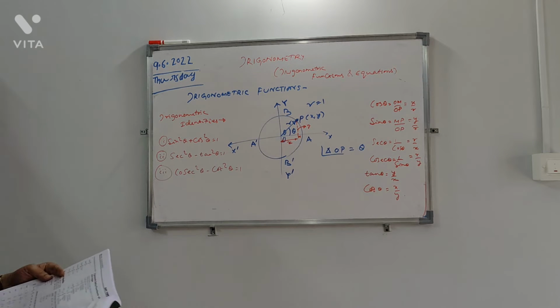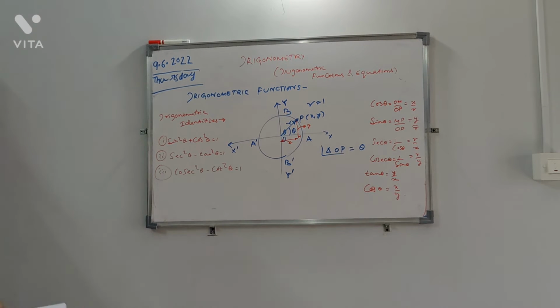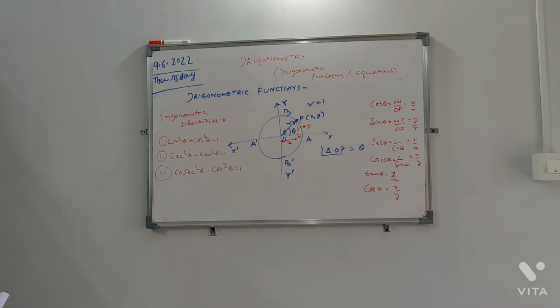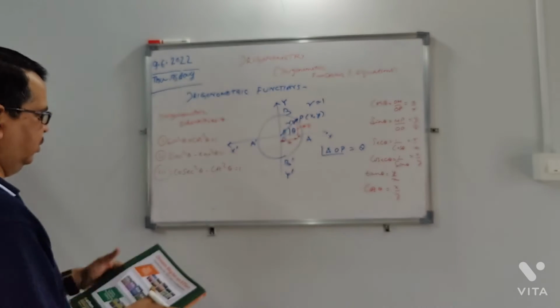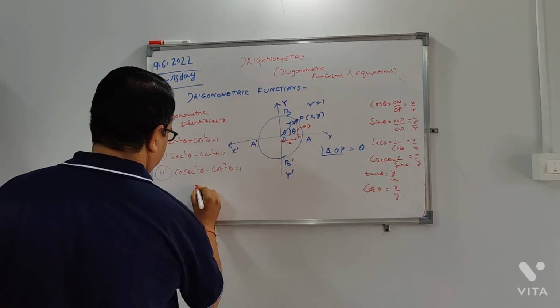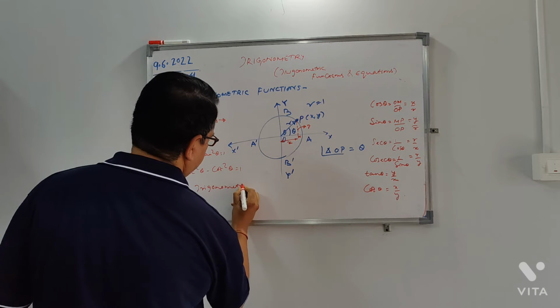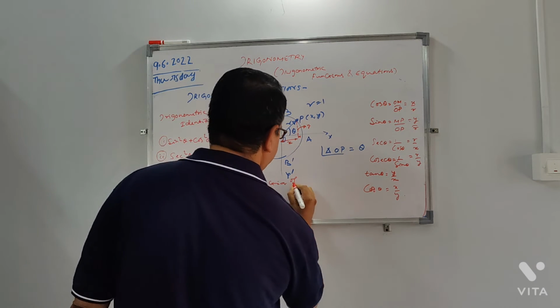And then trigonometric functions of acute angle. The trigonometric ratios as functions that we have shown in a circle, now we show them for an acute angle.